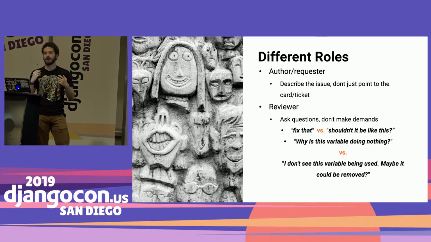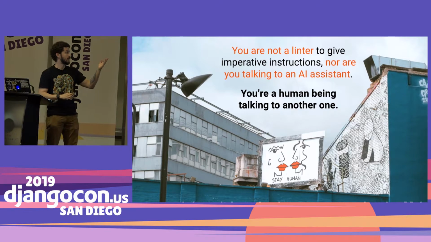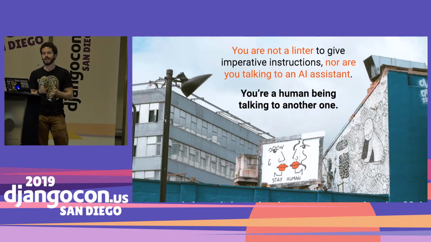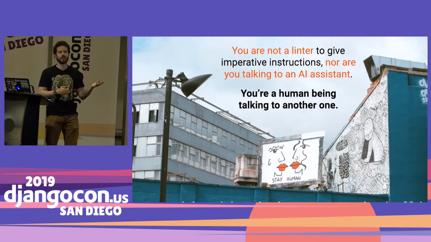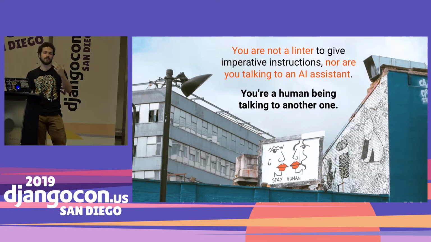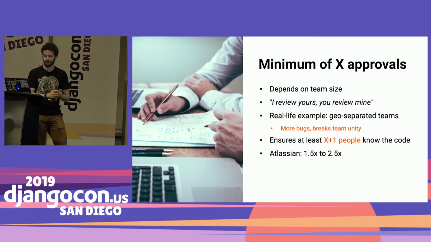Maybe it's something that you didn't catch at first, but then you think, oh yeah, that actually makes sense. Remember that you are not a linter giving imperative instructions, nor are you talking to an AI assistant. You are a human being talking to another one, so you wouldn't like to be talked to in a negative way. Try to remember that when you're reviewing someone else's code.